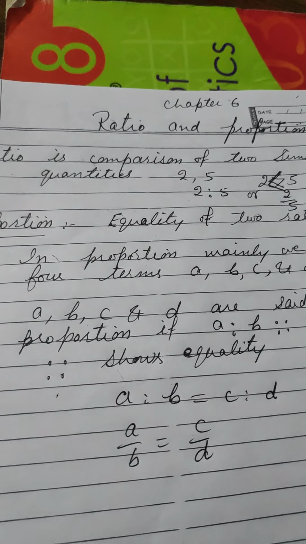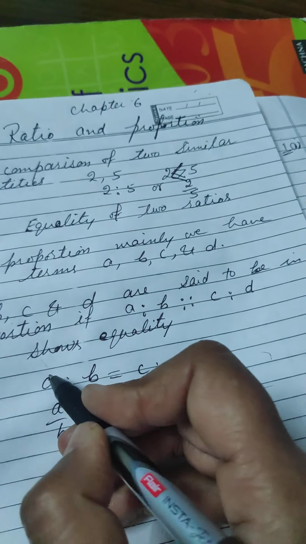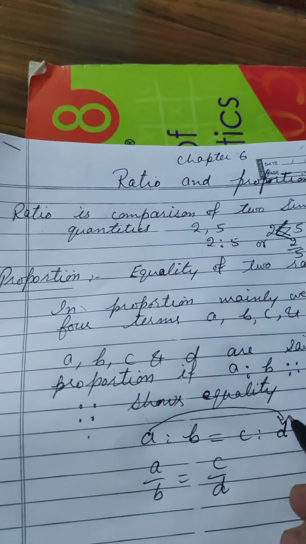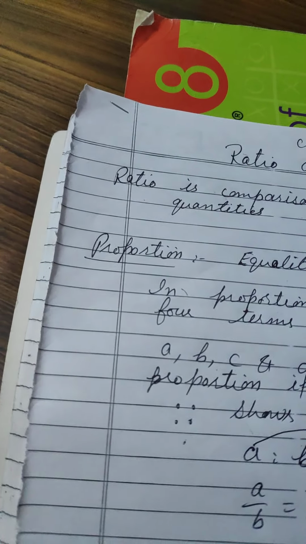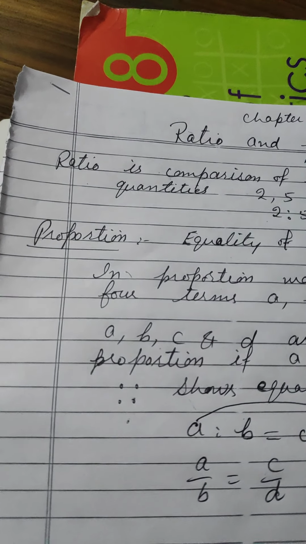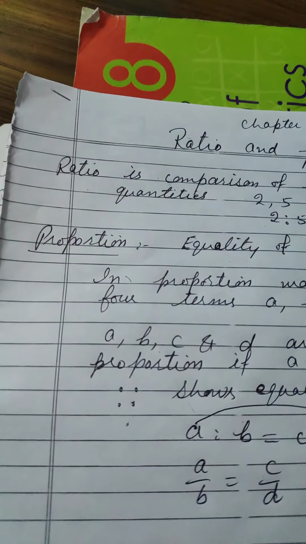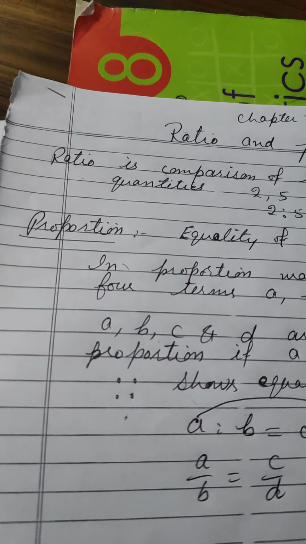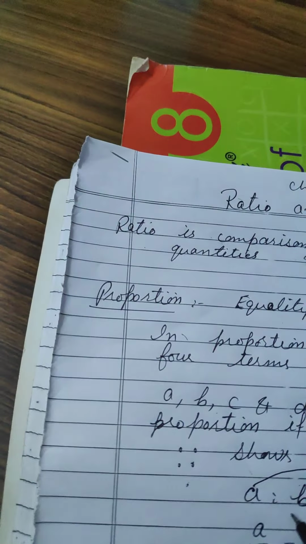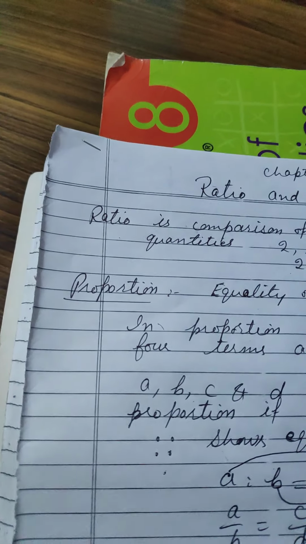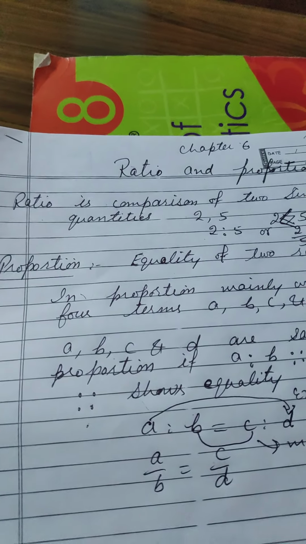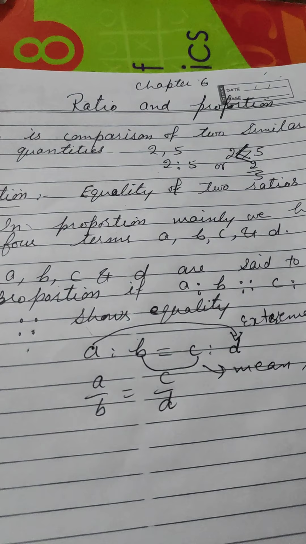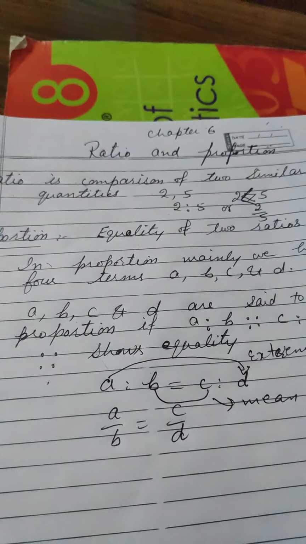Now beta, A and D both are extreme terms, and B and C both are mean terms.